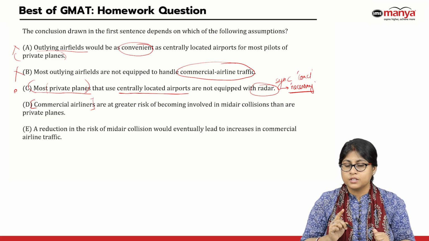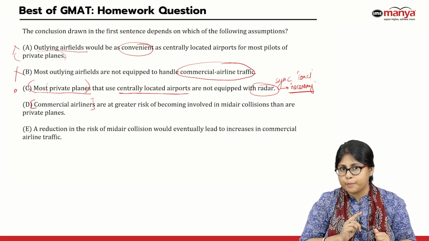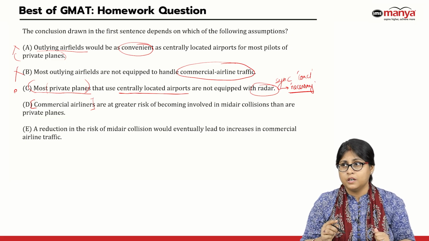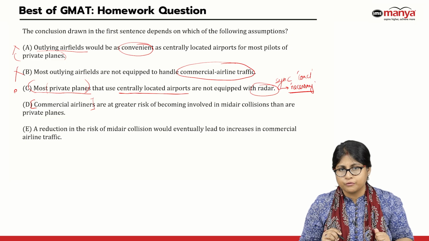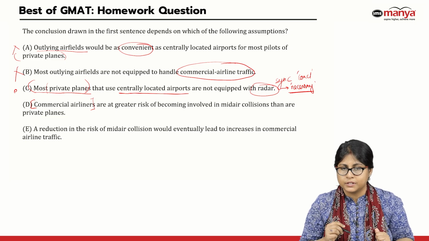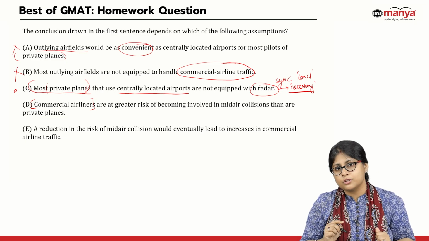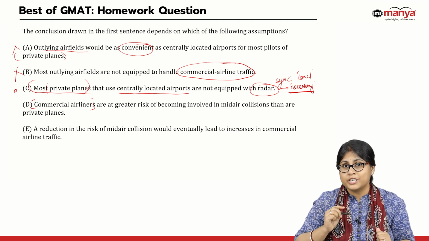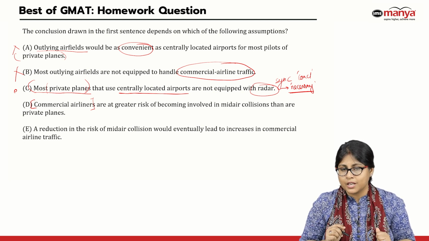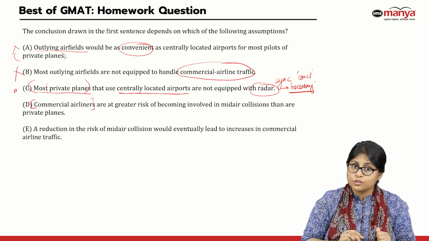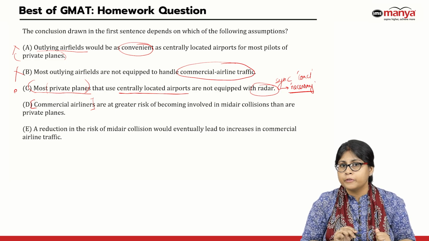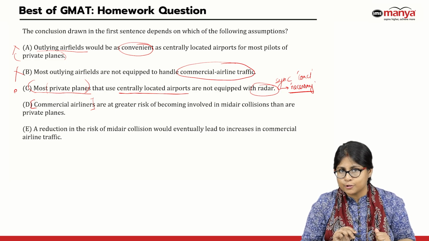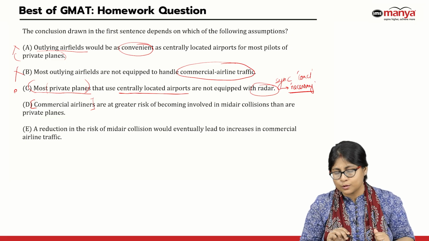If you notice my last statement of the paragraph, which was basically a peripheral conclusion to the first line, the first conclusion, it talked about a reduction in mid-air collisions. Now, this option D could suit well as a necessary assumption to that particular conclusion.